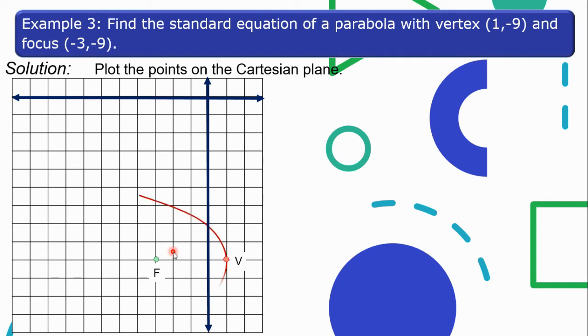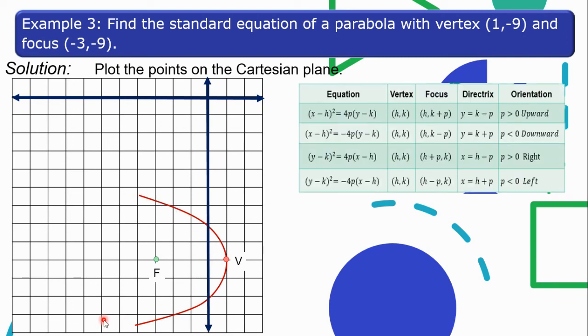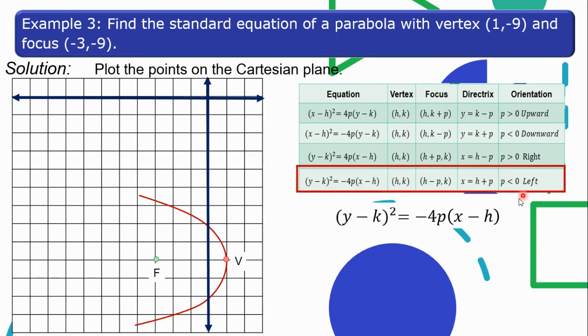So obviously, the graph is opening to the left, because the focus is here and the vertex is here. Our parabola will be opening at the left side. Going back to our guide, we can see which one opens left: the fourth equation. We will base on that how to find the other factors.